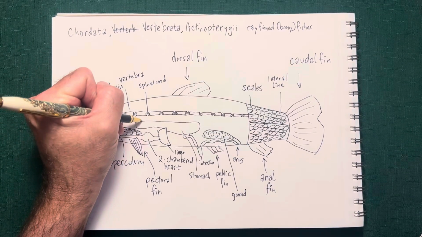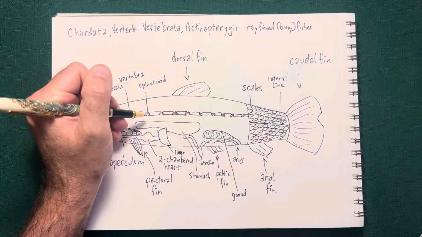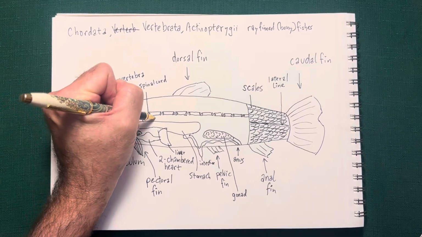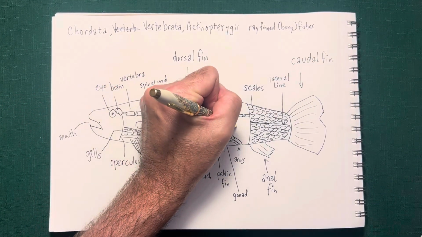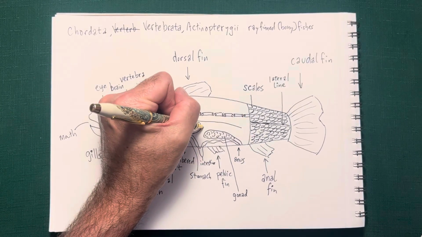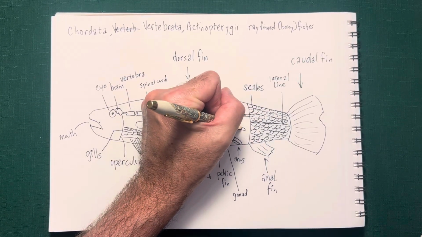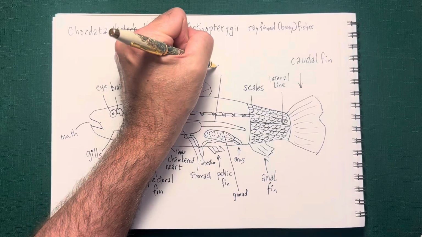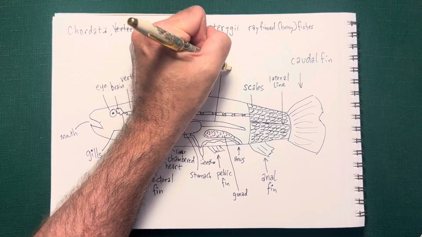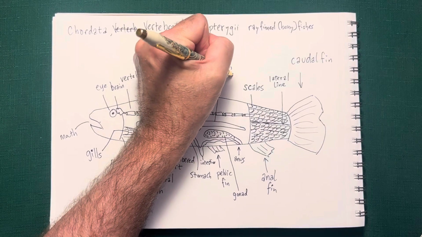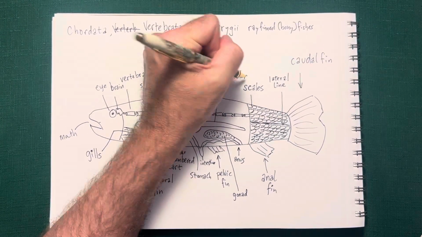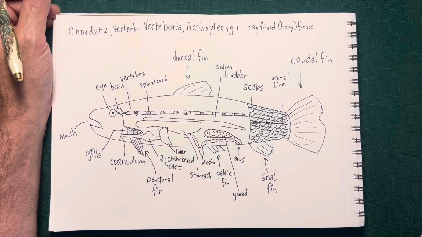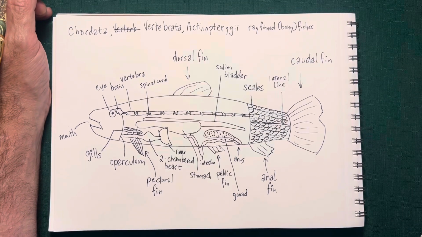Okay, so another thing we need to have inside of our fish, I'm going to put this behind our stomach and it's going to kind of taper off there. This is the swim bladder. And the swim bladder has the function of helping to regulate buoyancy in the fish.